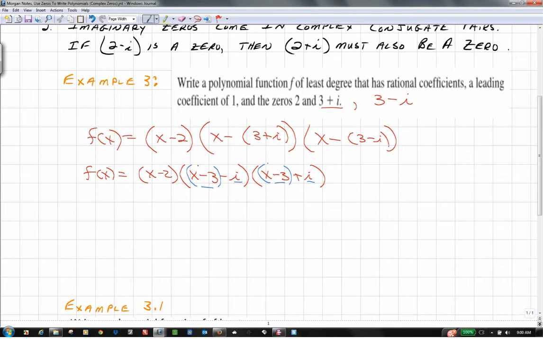So that's really a difference of squares. I'll write it as x minus 2 times x minus 3 squared minus i squared.